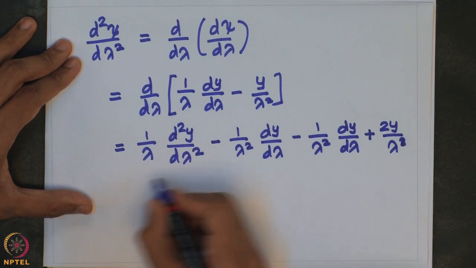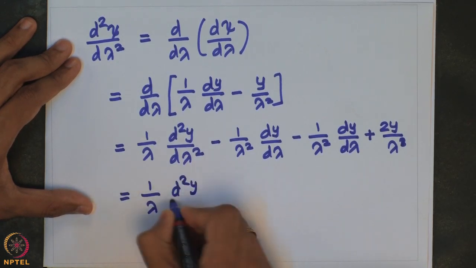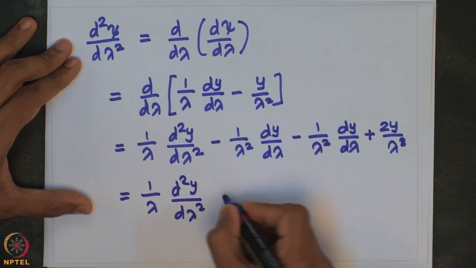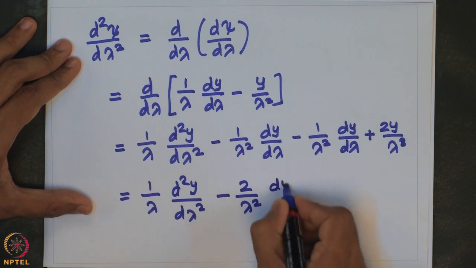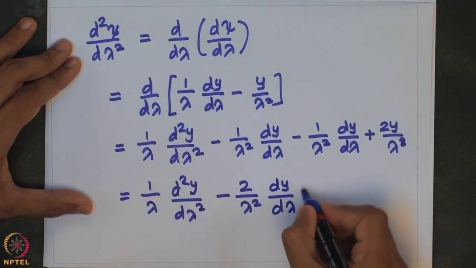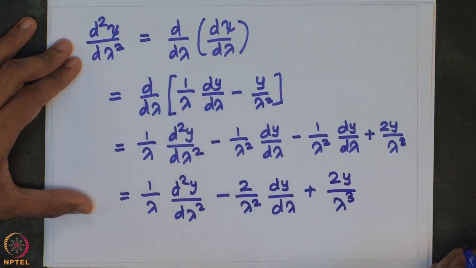So, this is equal to 1 by lambda d square y by d lambda square minus 2 by lambda square dy by d lambda plus 2y by lambda cube.